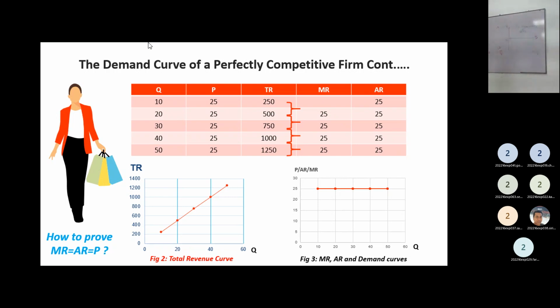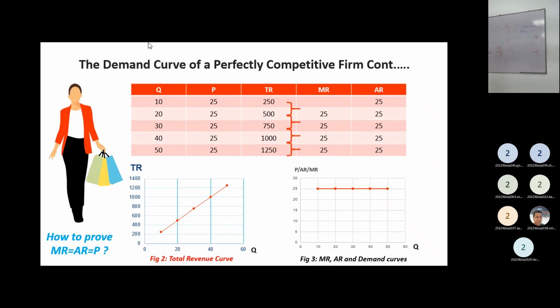And because of the assumption in the market, the price per unit is the same. How much? It's 25. So whatever the quantity that you are going to sell, the unit price is the same.